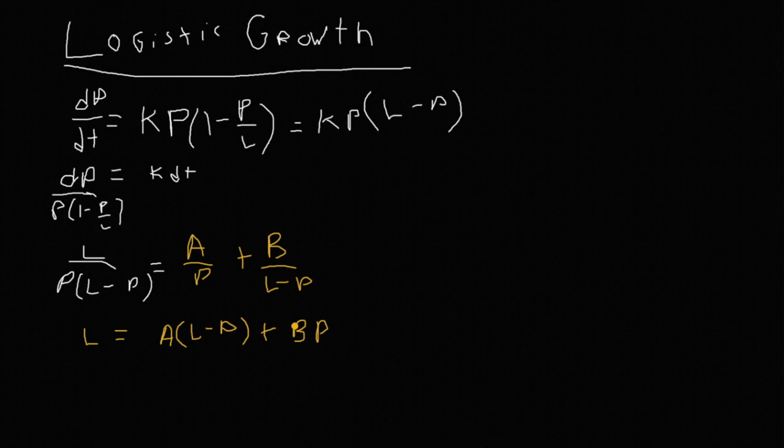And so then we want to set values for p to basically solve for A and B. By doing your fancy algebra stuff, you end up getting that A and B are equal to 1.